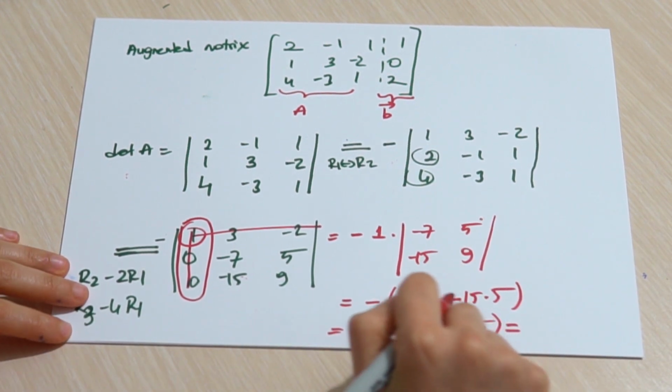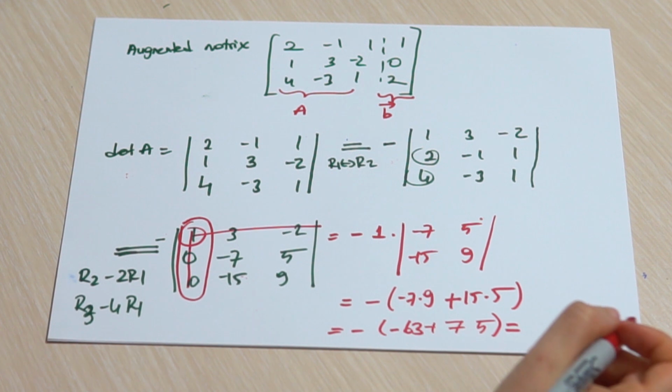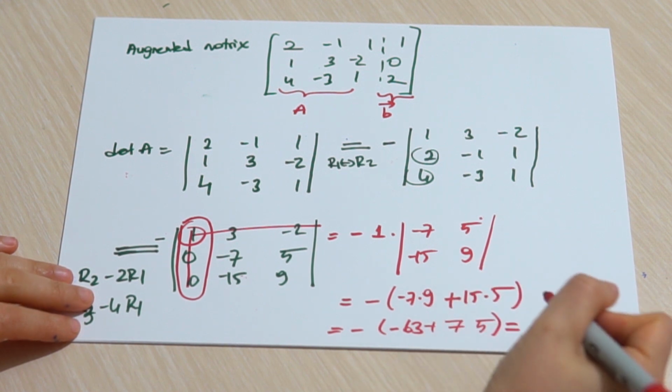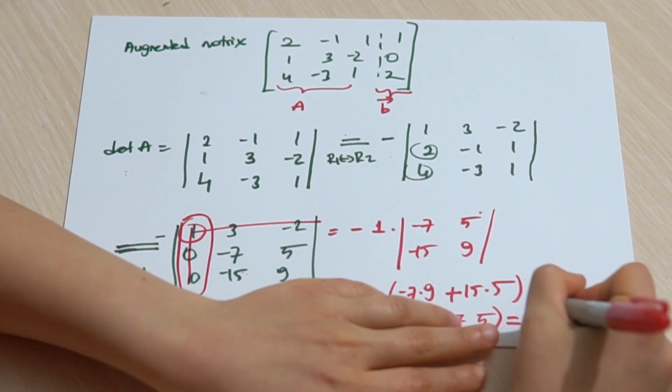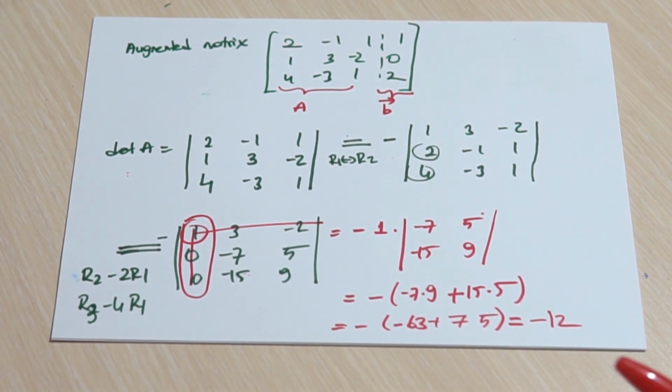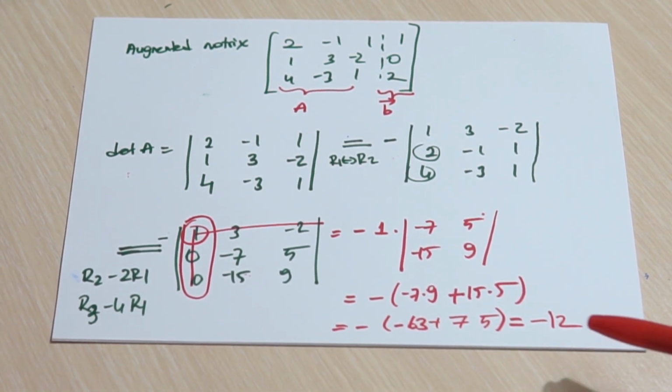Then I have this one minus this one is equal to 12, minus 12. So the determinant of A is equal to minus 12.